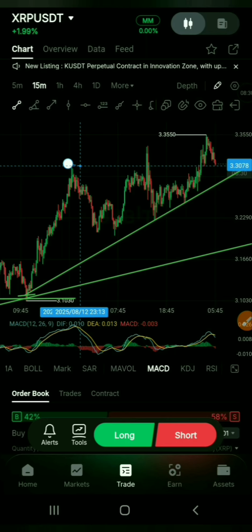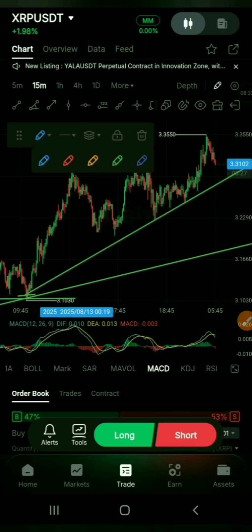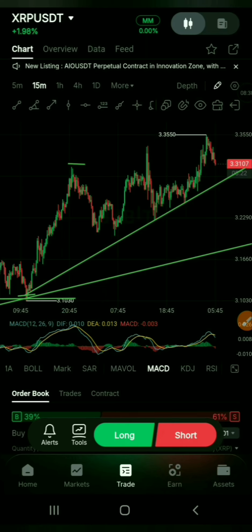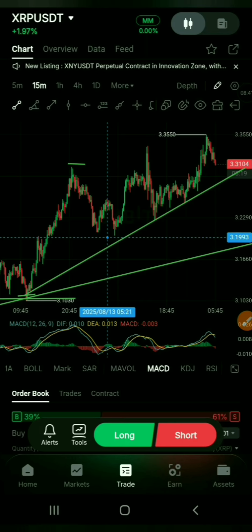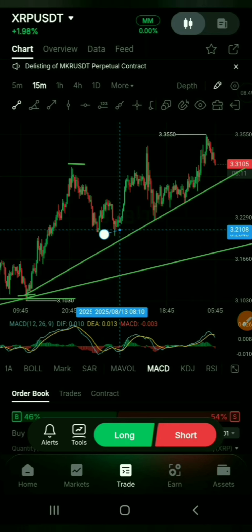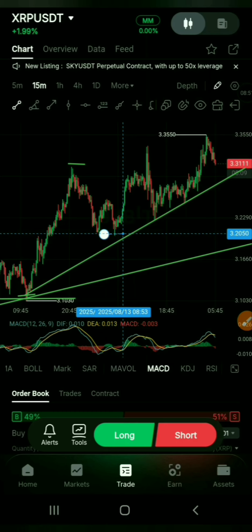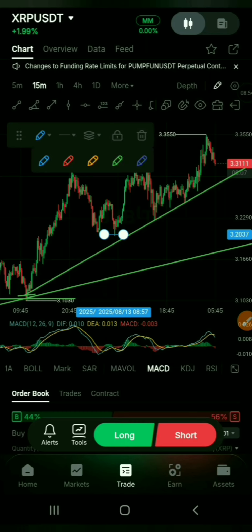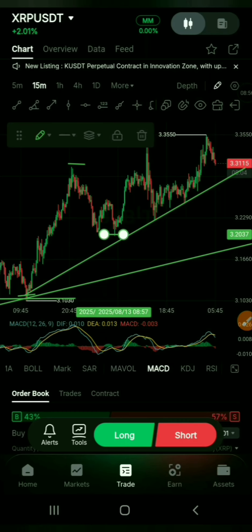Now this might seem totally unnecessary, but believe me, this is what will guide you into not making mistakes. Okay, and then this is another higher low. So the swing lows and the swing highs are the representation of higher highs and higher lows, right?